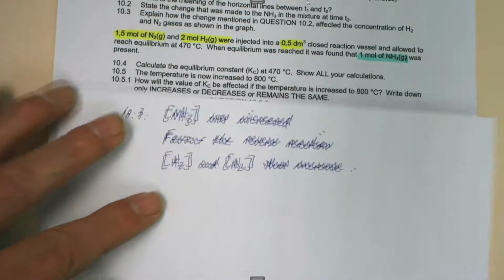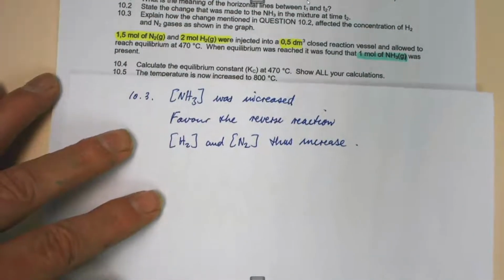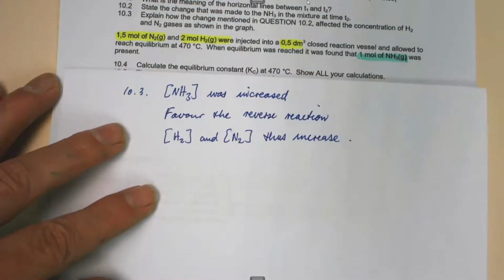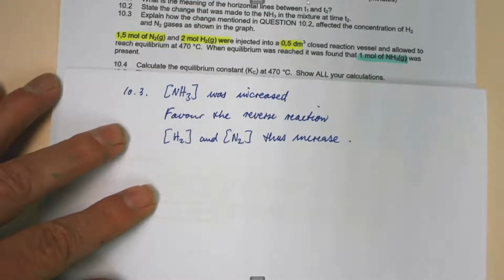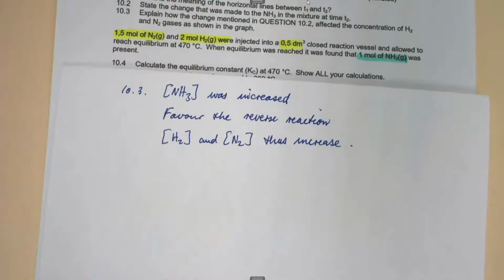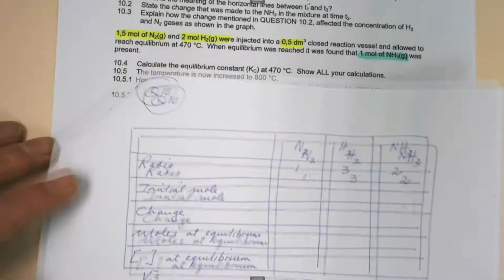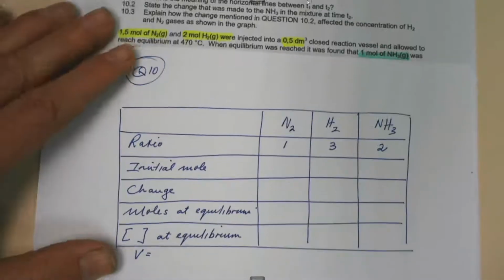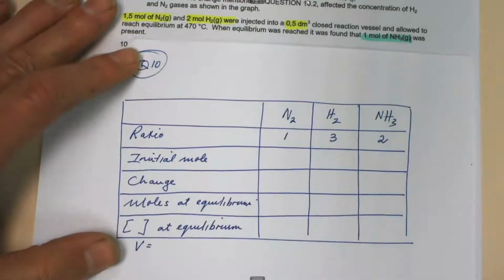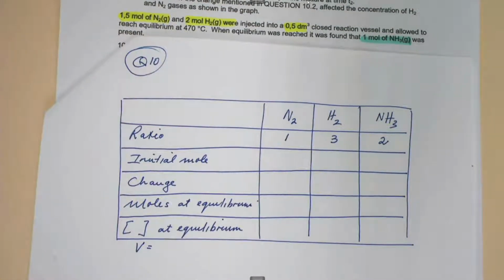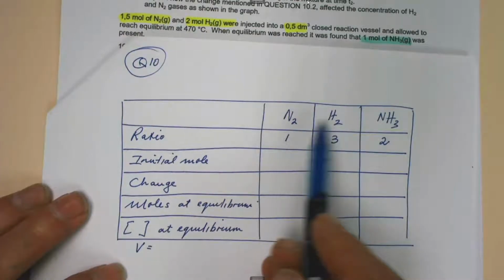Okay, and now my question is, first of all, calculate the Kc value and show all your calculations. Now when you get this, it is very good if you can draw up a table like this. I'm sure your teacher has practiced this in class with you, and let's go through this again. All right, so I write down my two reactants.